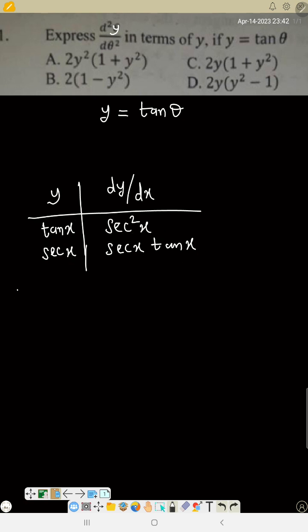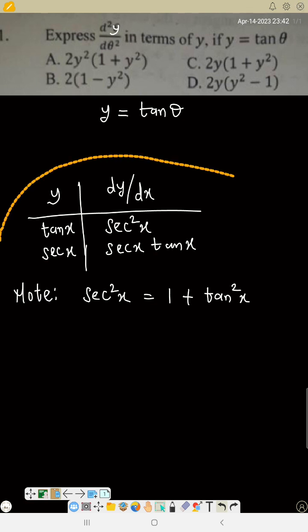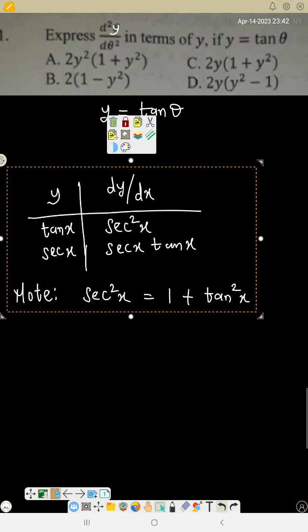Also note this trigonometric identity: sec² x is equal to 1 plus tan² x. We have proved all this before, so just watch my videos on trig and differentiation.